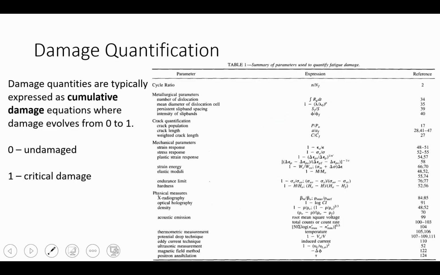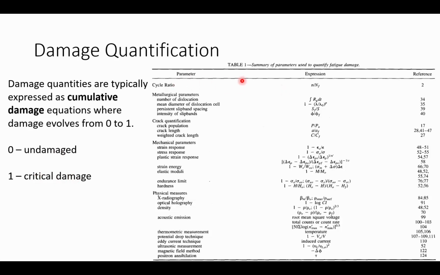These quantities, these measures that we can take from our material, are typically converted into a cumulative damage equation, where that equation evolves from 0 to 1, where 0 means the material is relatively undamaged, a virgin material from the factory, and 1 means that a component has reached critical damage.